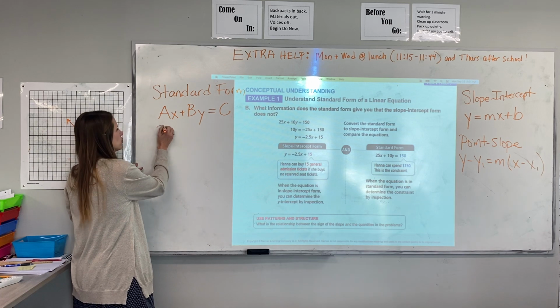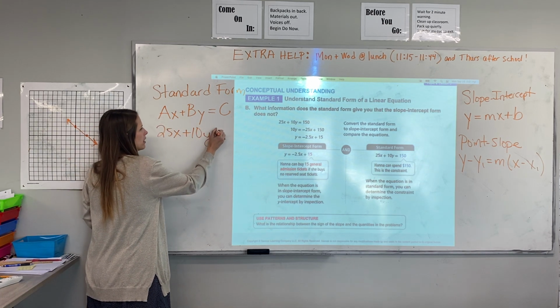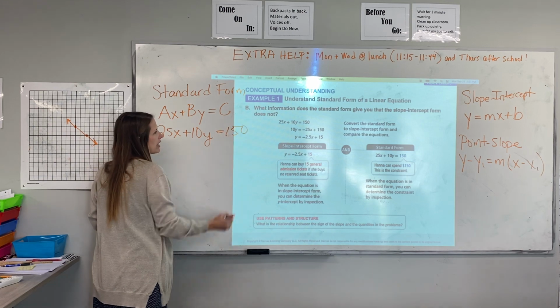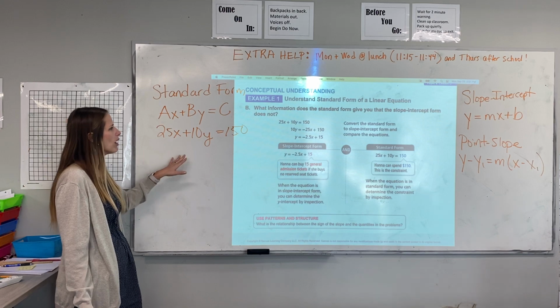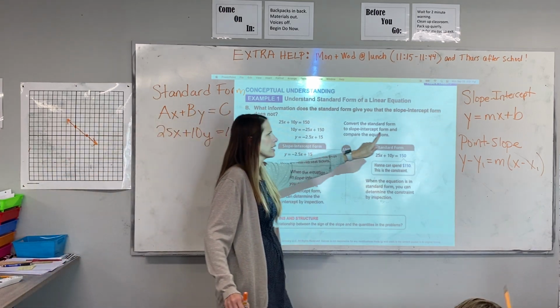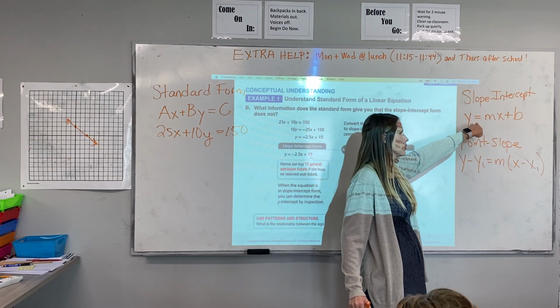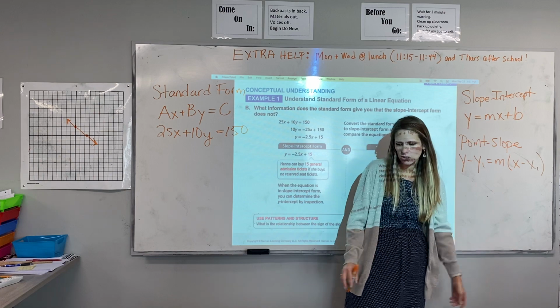So if I have 25x plus 10y equals 150, and I want to put that into slope-intercept form, which is y equals mx plus b, what am I solving for?